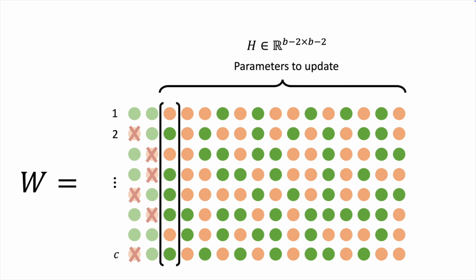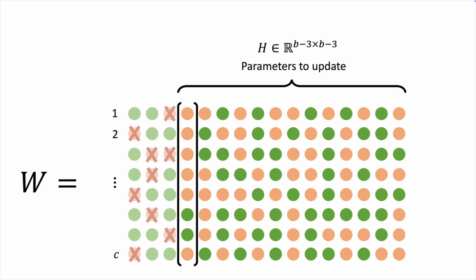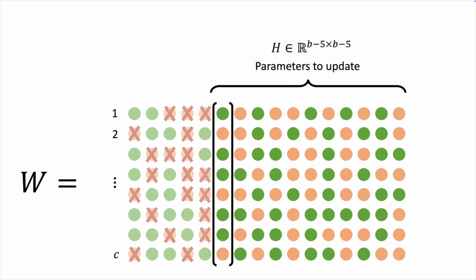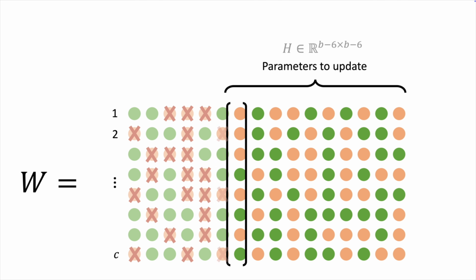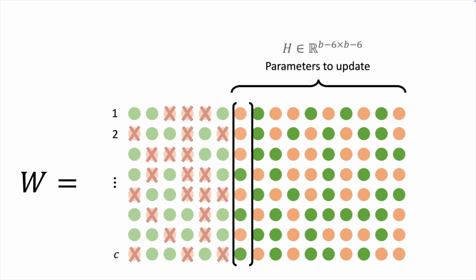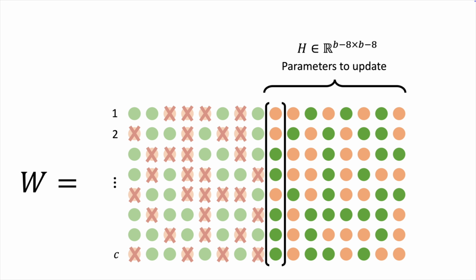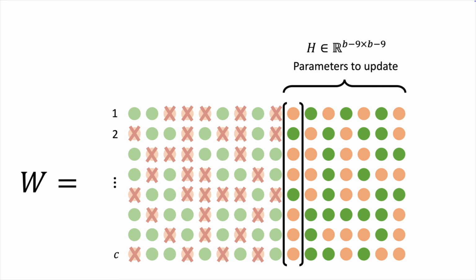When the second column is complete, it's fixed as well, and the active system shrinks once more. The algorithm continues in this way from left to right. At every step, it selects one column, sends the updates only to the unprocessed part of the matrix, and then permanently fixes the current column. This column-wise order is what makes the optimal brain surgeon practical at LLM scale.